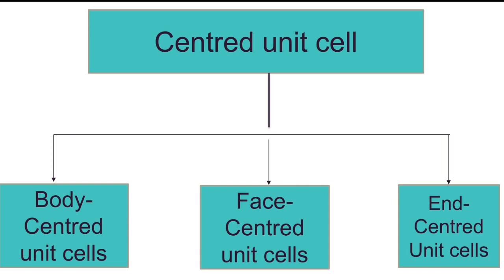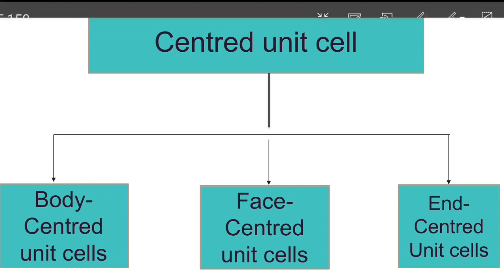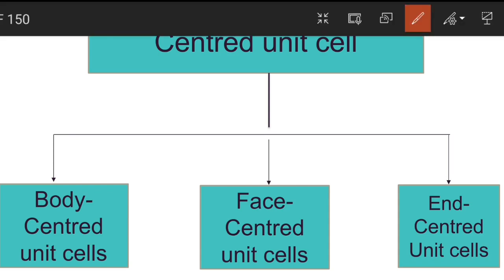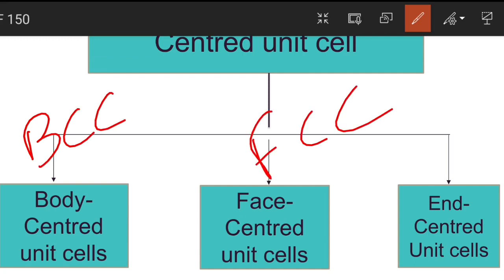End centered unit cells are not that important for you, and you will not be learning more about them. You have only body centered unit cells and face centered unit cells, so you will mainly be studying BCC and FCC.